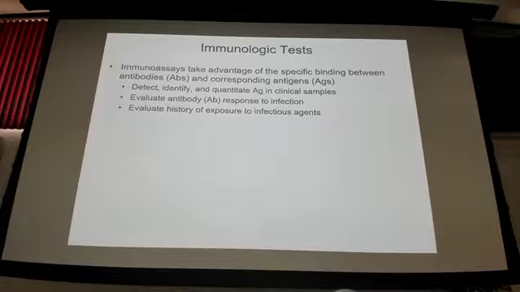And then what you'd be looking for, if it's acute, is probably IgM. Or you could ask, has this patient ever been exposed to, let's say, HIV? And then you'd be looking for perhaps IgG against HIV in that patient's serum. So we've talked about that a little bit in the past, but those are also types of immunoassays.